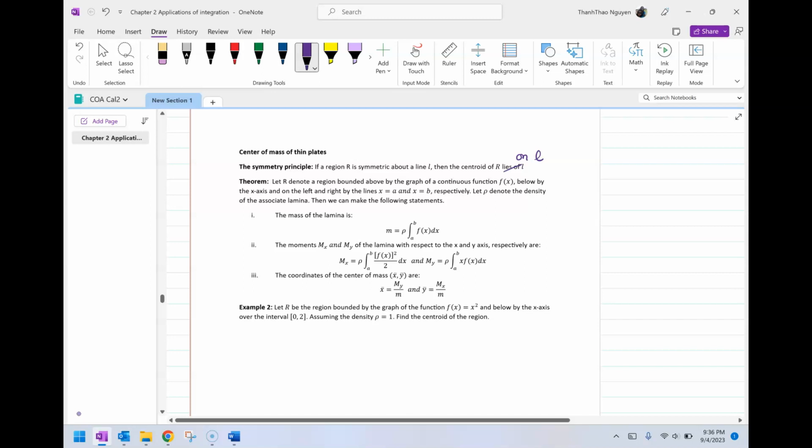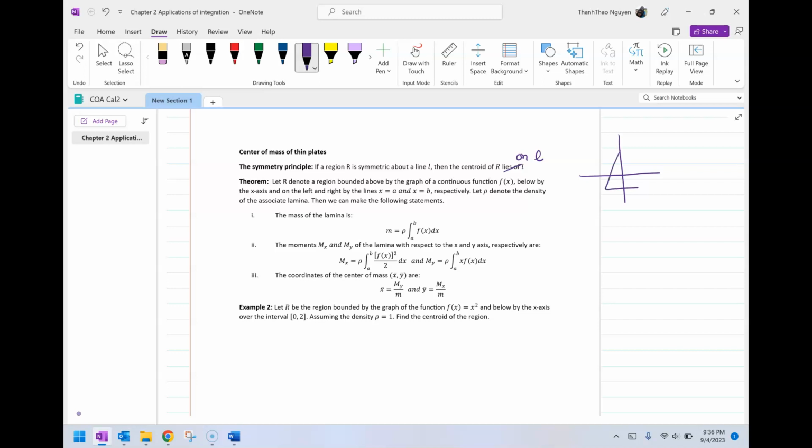If you have, for example, an isosceles triangle that is symmetric with respect to the y-axis, then the centroid of the triangle lies somewhere on this y-axis. So that's what the symmetry principle says.